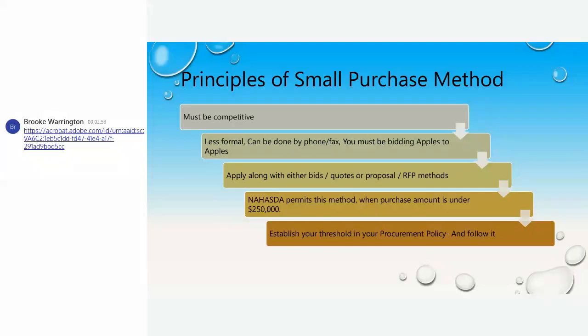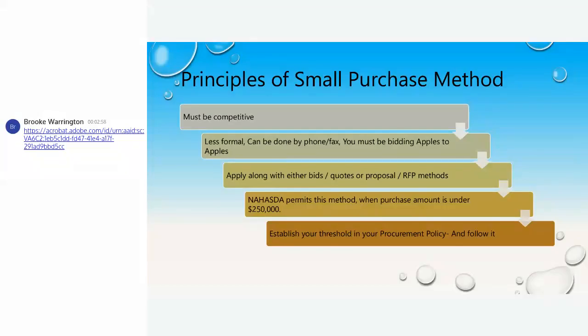The principle of that method is that it has to be competitive. It's less formal and can be done by phone, fax, email. You must be bidding apples to apples. Okay, that's small purchasing. You can apply it with other bids, quotes, proposals, requests for proposals.